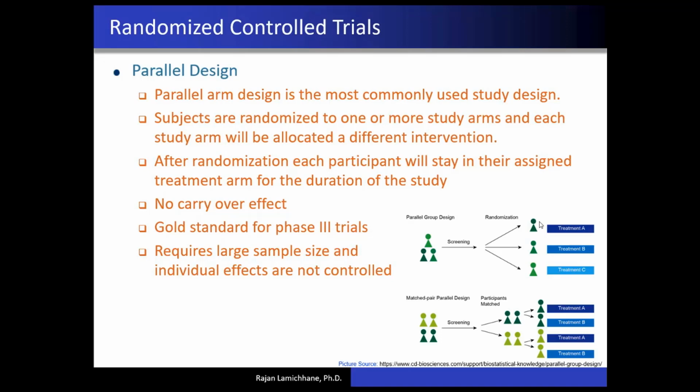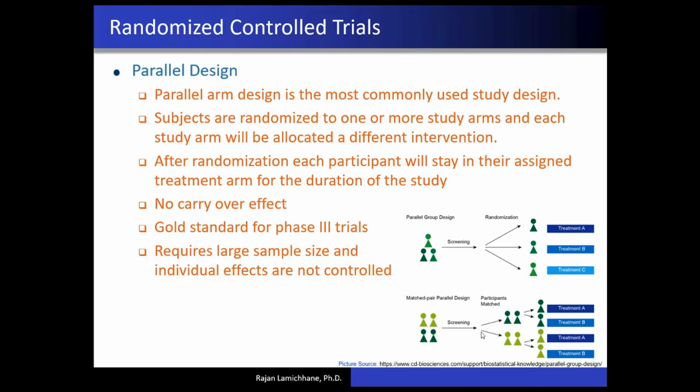In matched pair parallel design, first we identify the groups where we assume that the treatment will have different effects. Then from each group, we randomly divide them into the different treatment groups.